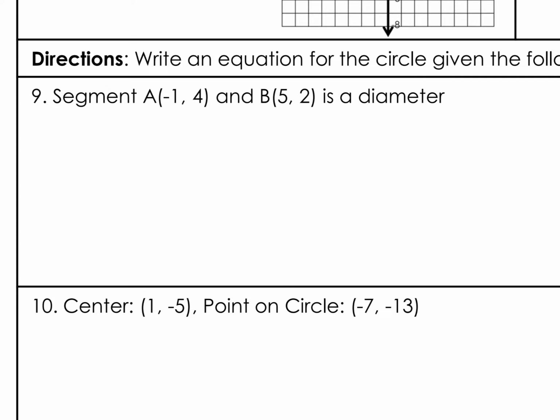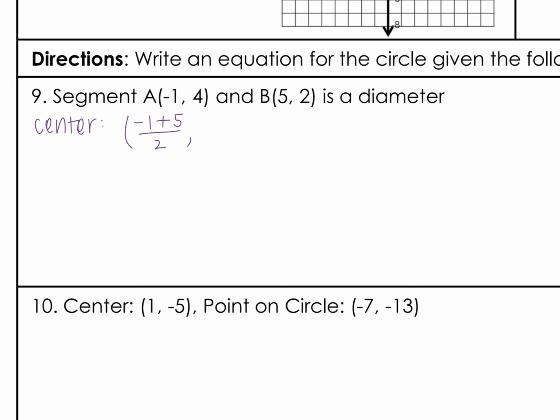I'm going to start off with my center, by plugging into my midpoint formula, which if you recall, is just us adding our x's, so -1 plus 5, and dividing it by 2.